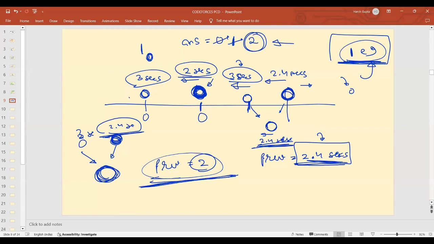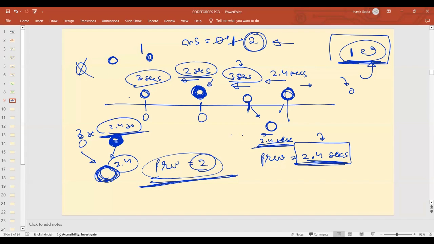It will actually follow the path of this particular ball. That's why I am saying it will take 2.4. Just imagine that when these two balls combine, the higher one remains and this one vanishes. This is what is happening.